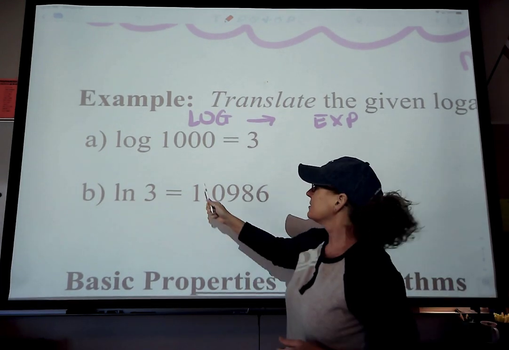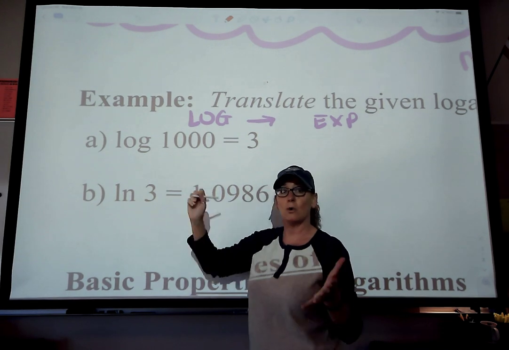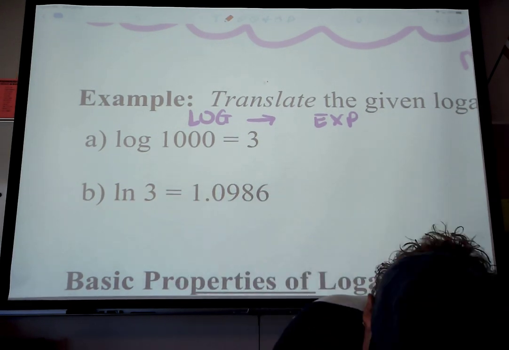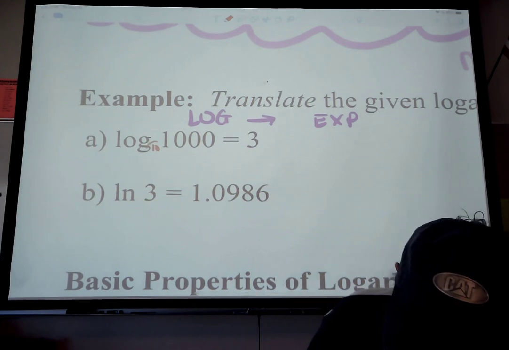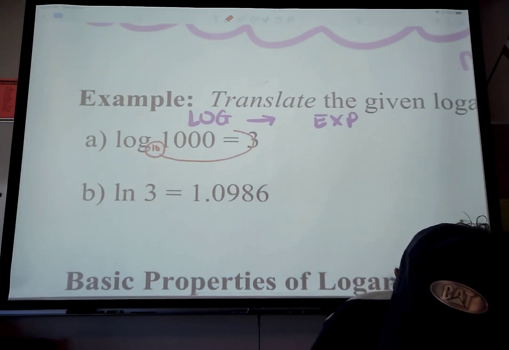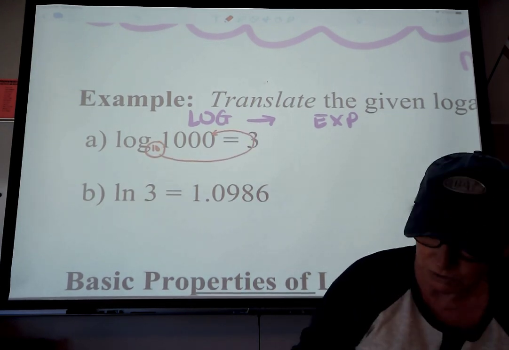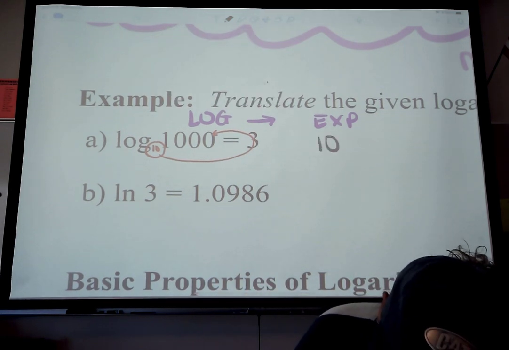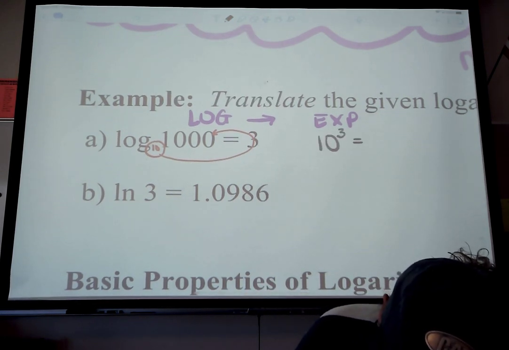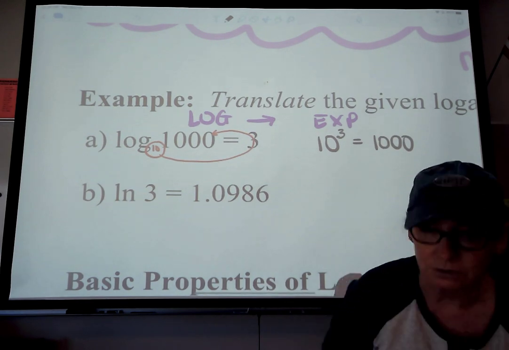Since there was nothing here, we know automatically our base is 10. To change it to exponent, start with the base, swirl around, end at the 1000. I write 10 to the third power equals 1000.